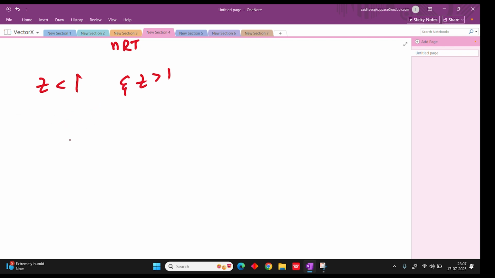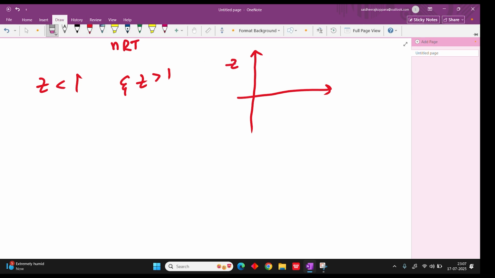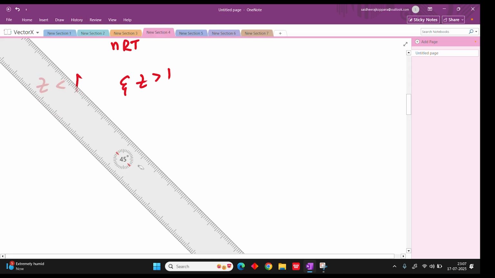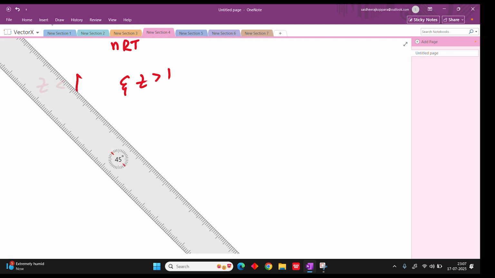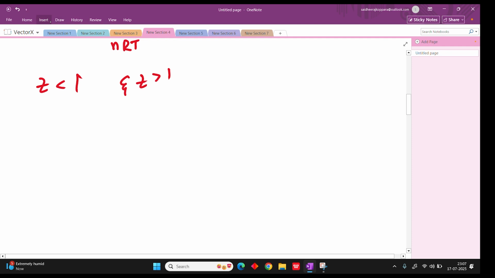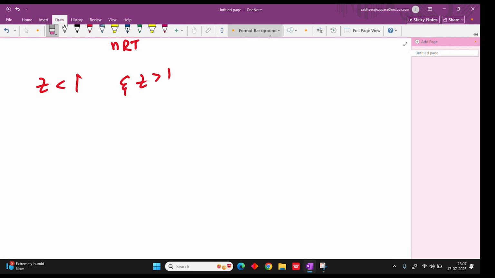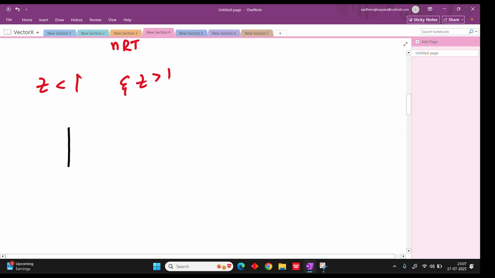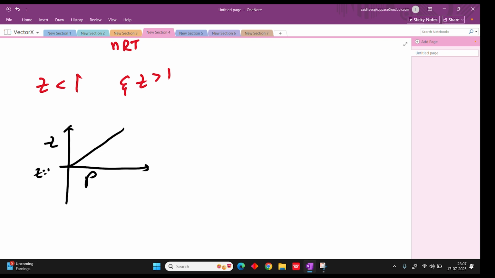I'll be discussing a few graphs. So this graph is Z versus P. If this value is Z equal to 1, then this is for an ideal gas.